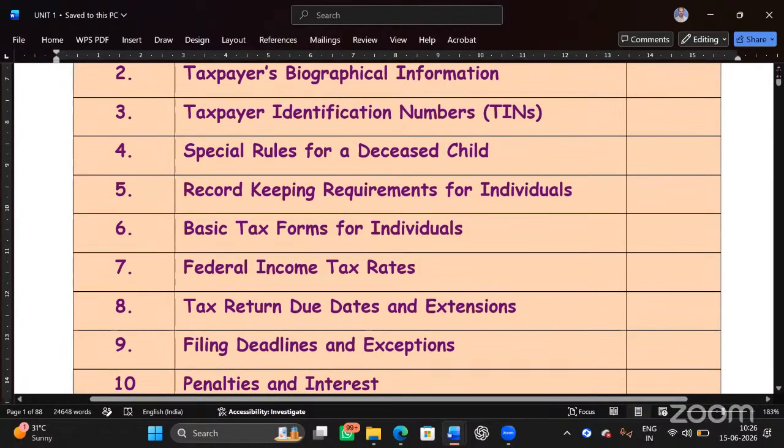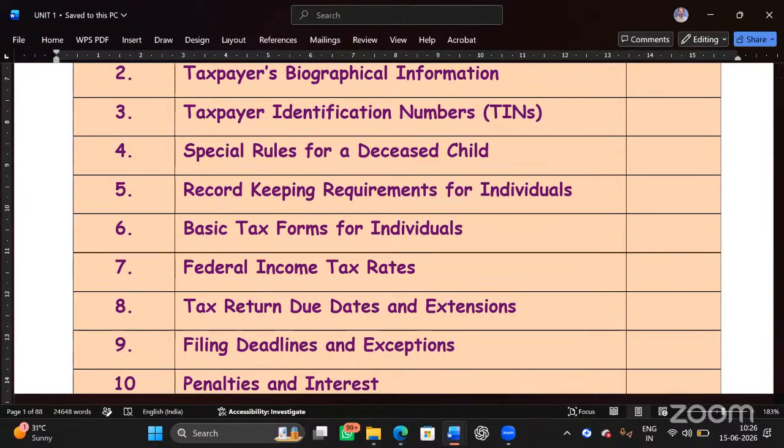Fourth one, special rules for deceased child. I already told in the previous session that if any taxpayer has dependents, children, obviously his tax burden will be reduced because he is supporting the children and dependents.